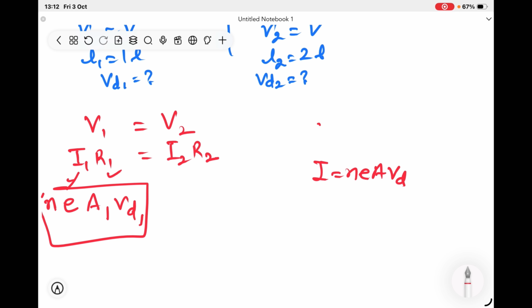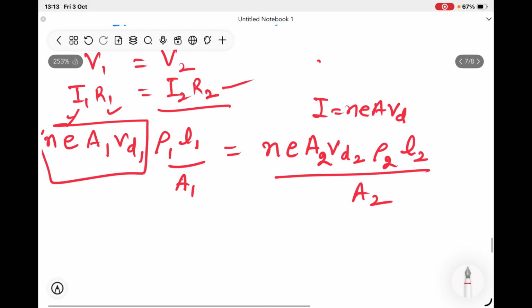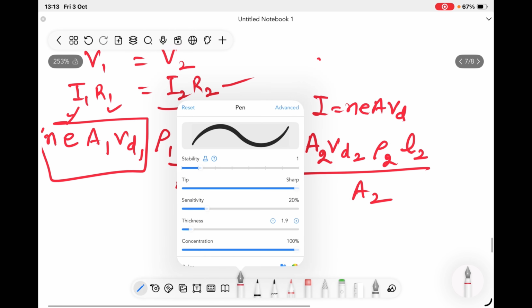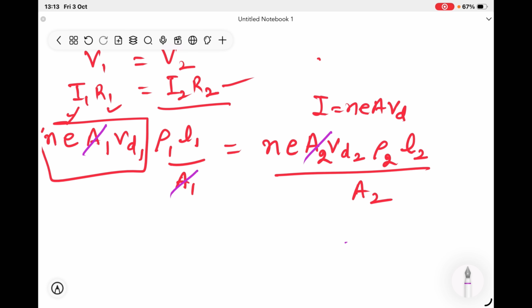Then I'm writing R1, which is rho 1 L1 by A1. Similarly, this can be written with n the same, e the same, A2, n e A vd2, and then R will be written as rho 2 L2 by A2. Now you can see the area is cancelled, n is cancelled, e is cancelled from both the sides, and both are copper.